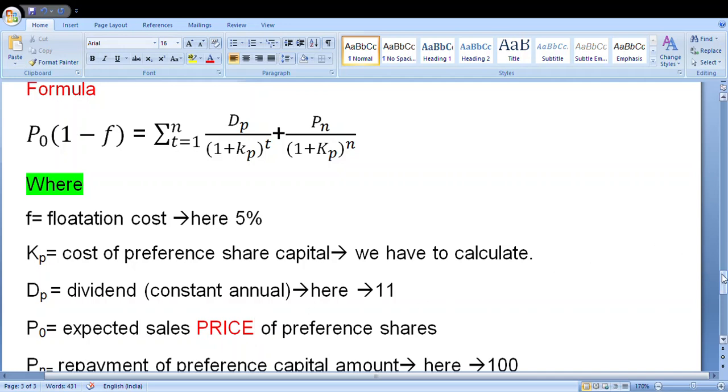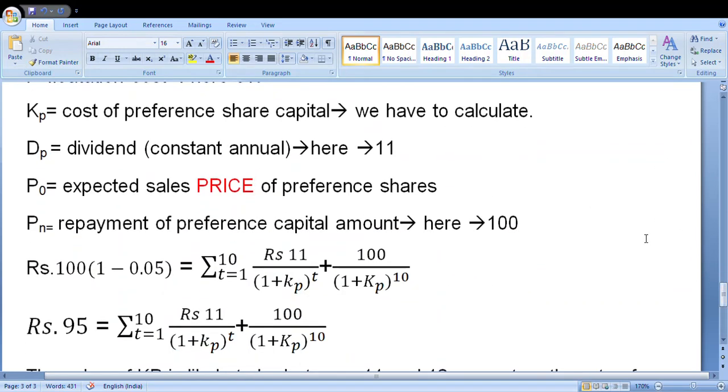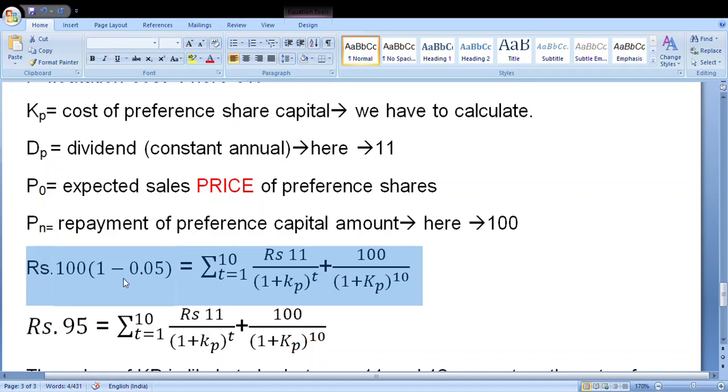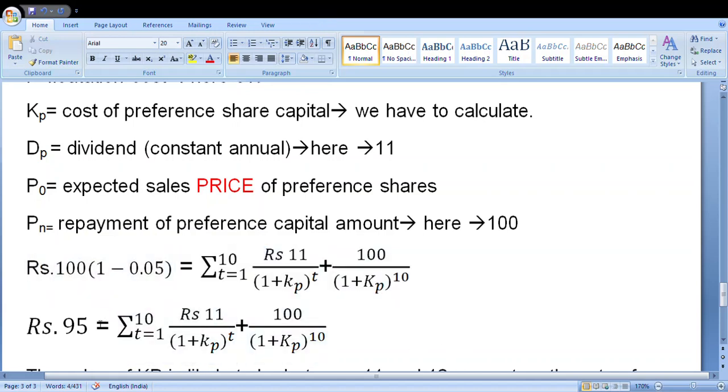Of course, from 100 we have to deduct 5 rupees as 5% flotation cost, and principal repayment we will be paying 100 at the end of the 10th year. If we substitute all the values in the above formula, we get an equation like this. On the left hand side, this 95 we got by simplifying this part: 100 multiplied by 1 minus 5%, that is 95% of 100, which is 95 rupees.